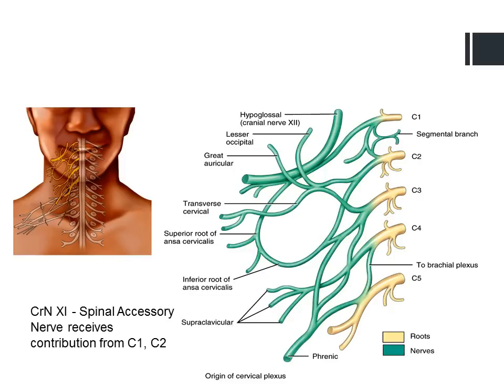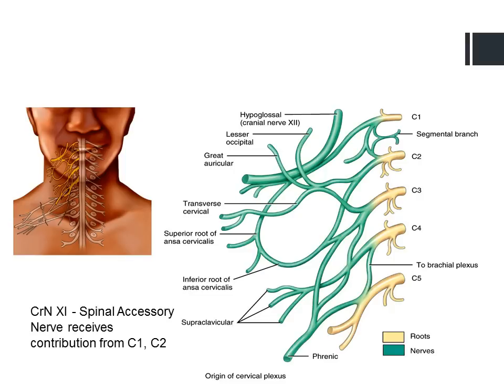Some of the deep muscles of the neck, such as the geniohyoid and the thyrohyoid, the scalene muscles, portions of the levator scapulae, and even portions of the trapezius and sternocleidomastoid muscles, in conjunction with cranial nerve number 10, the accessory nerve, are all served by the cervical plexus.